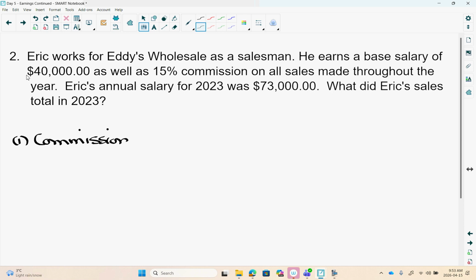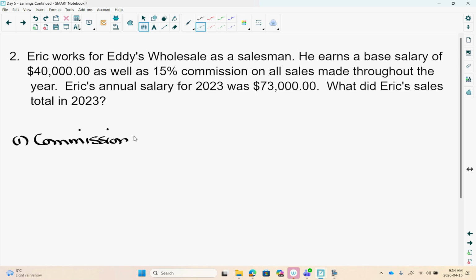So if he only had his base salary, he'd only get $40,000. How much extra money did he make? $33,000. Do you understand how I would take this number and come up with that figure, $33,000? What would I do with them?